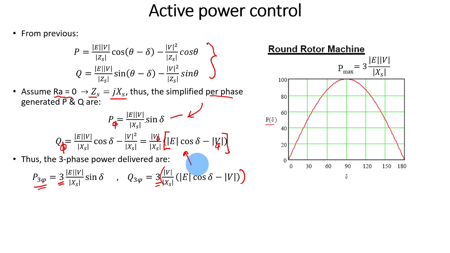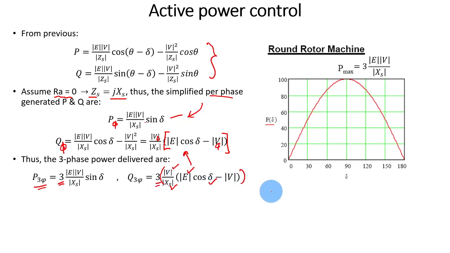So how can we find the relationship between the real power and the voltages, the reactance and the power angle? Basically, you can see that these are the most important. The reactive power also depends on the phase voltage, the reactance, the induced voltage, and the power angle.